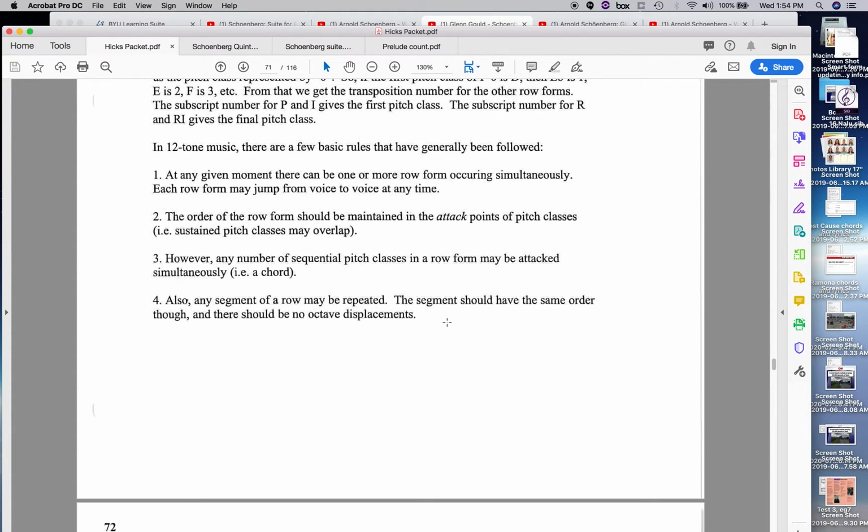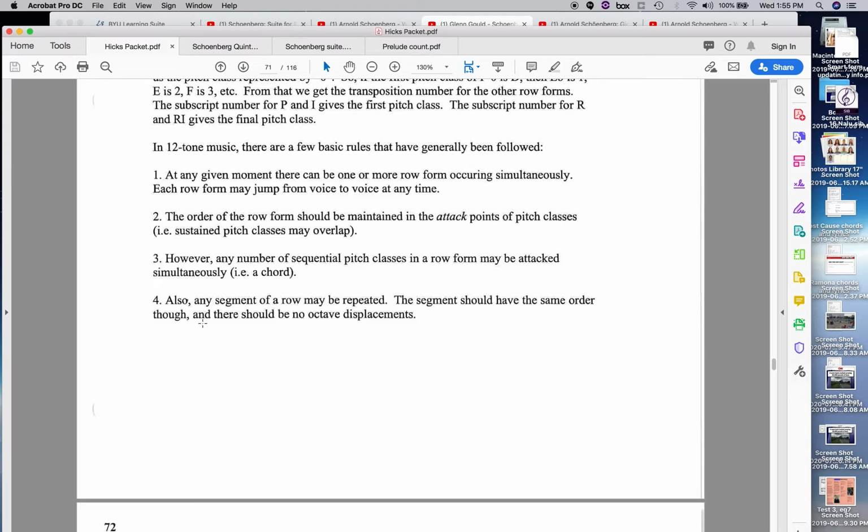However, if you do that, the segment should have the same order. So I can't go, that's not allowed. And the other thing is, once I've done this, I have to stay in the octave that I first played them.